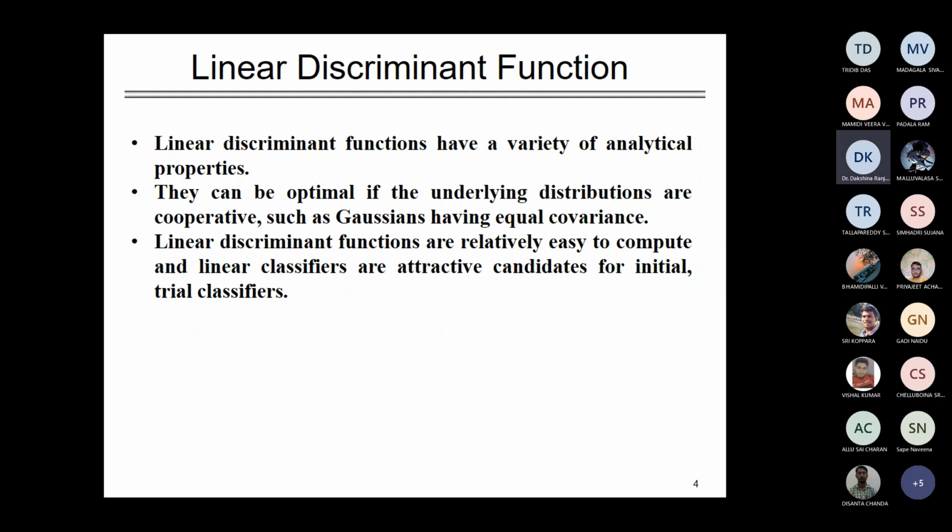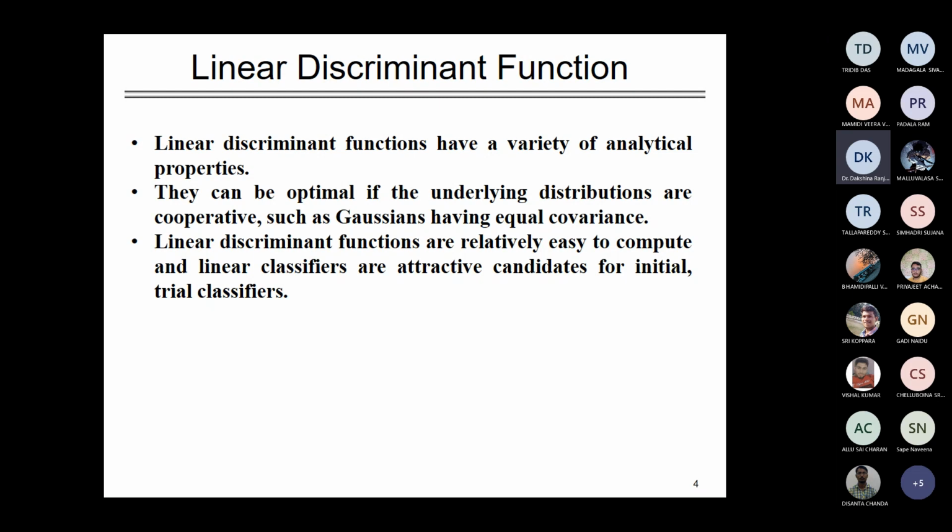Now, linear discriminant functions have a variety of analytical properties. They can be optimal if the underlying distributions are found to be cooperative, such as what we have learned from Gaussians, where the Gaussians have equal covariance matrices.